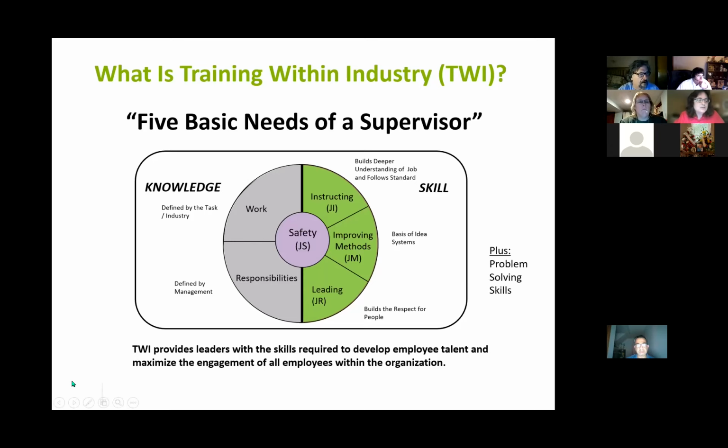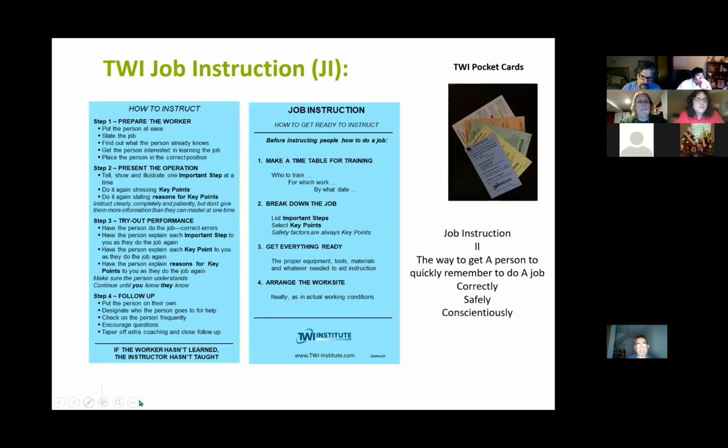Okay, let me get into the different J modules in a little bit more detail. The first one I have up on the slide is job instruction, JI. In the top right corner, I've got this photo of a bunch of cards. They're called pocket cards.